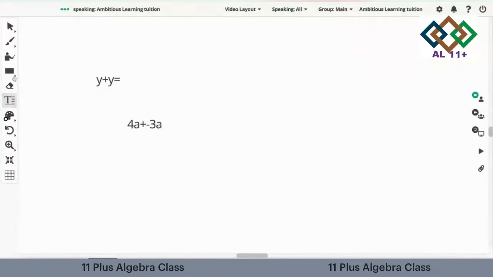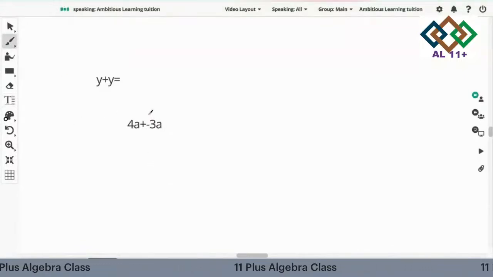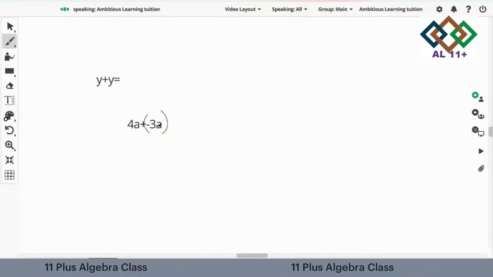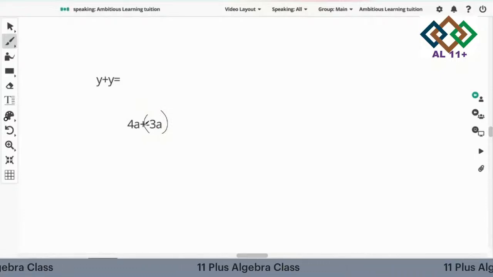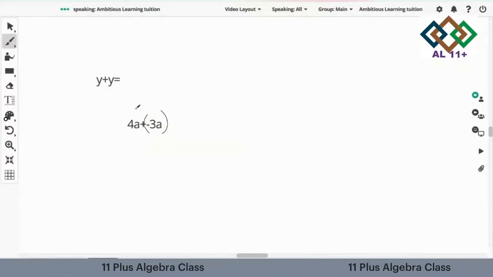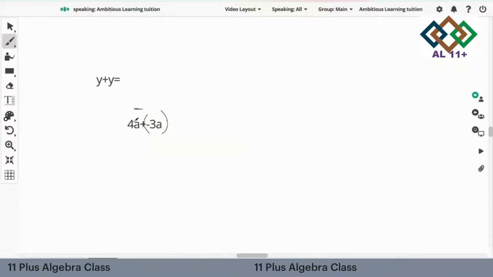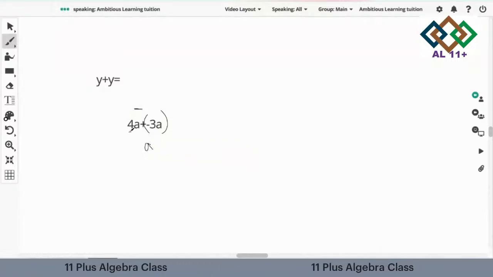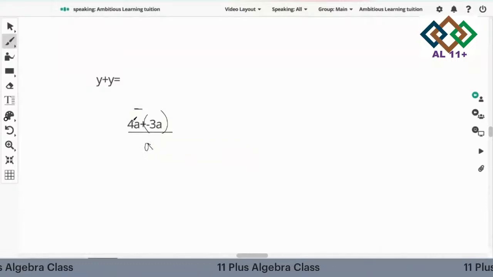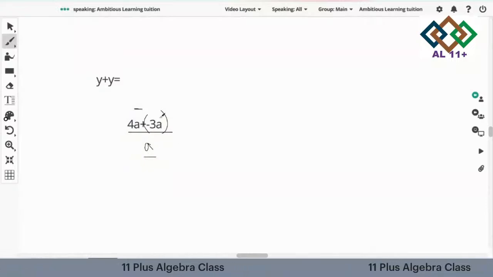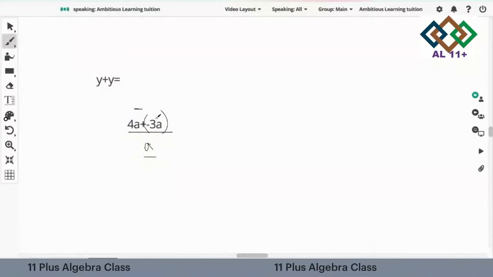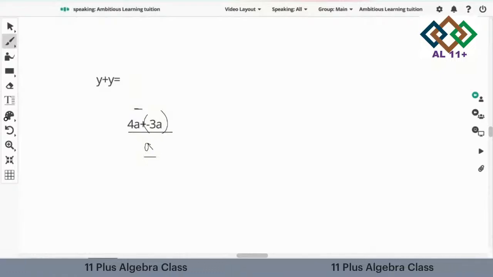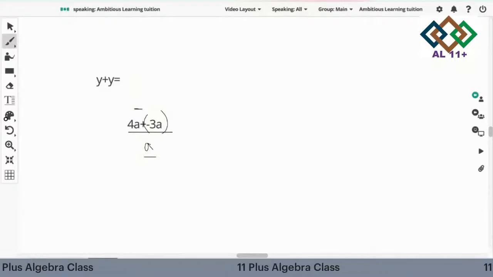The first thing I always tell you guys is to put this in brackets so you don't get confused. Plus and minus in algebra becomes minus, and 4a minus 3a would be a, and you take the sign of the bigger one. The bigger one is 4, so it will be only a. Imagine if that was 7, you would have taken the sign of 7. That could be minus whatever it could be.